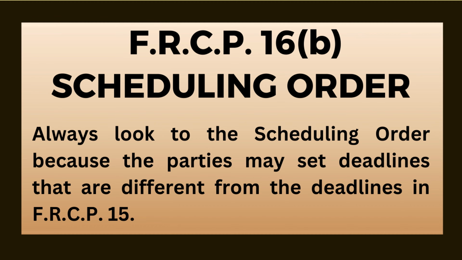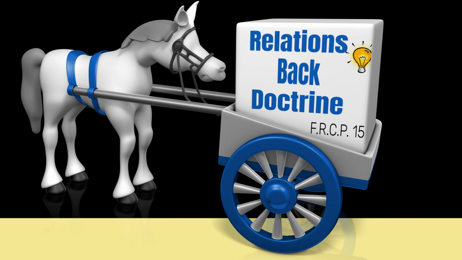Both parties can include information on adding claims and adding parties, and the deadline for amending. Always follow the scheduling order. There should be a scheduling order unless the jurisdiction in which the lawsuit is filed does not require one. So let's get back to the heart of what we are talking about: amending the complaint.